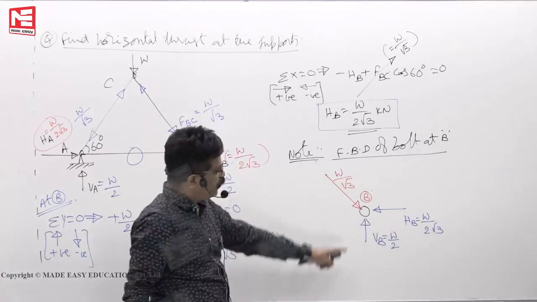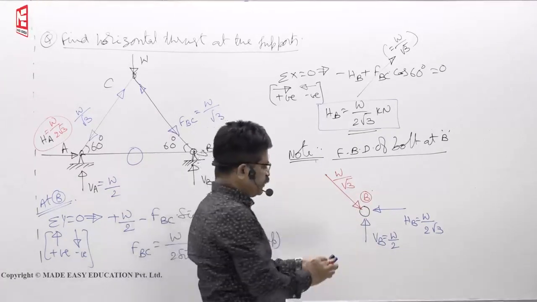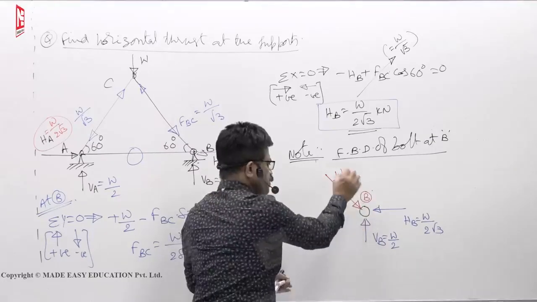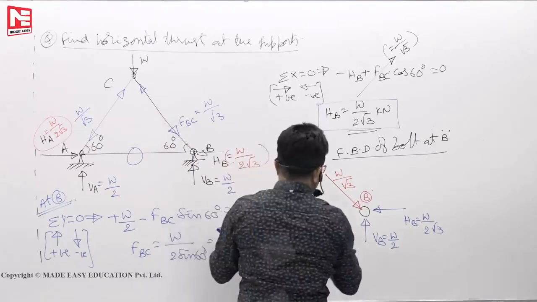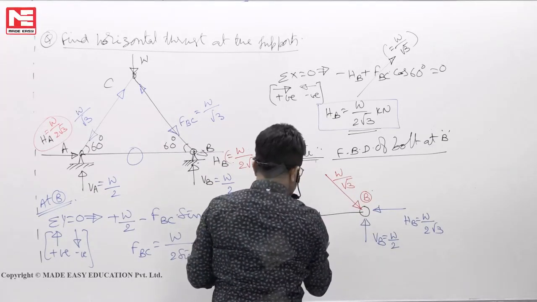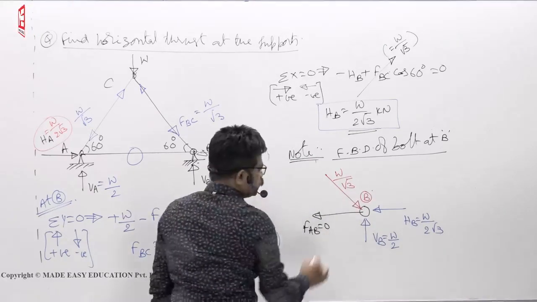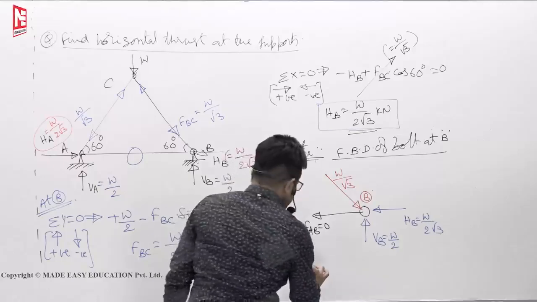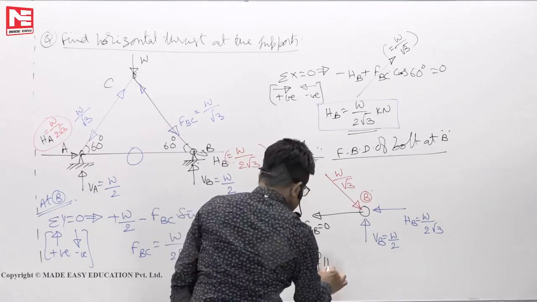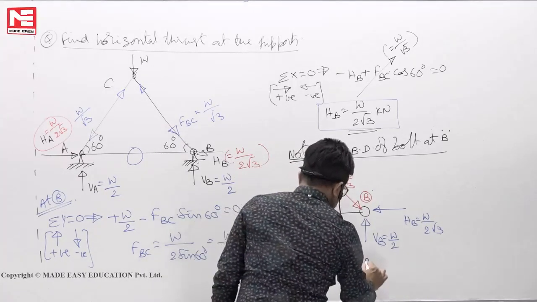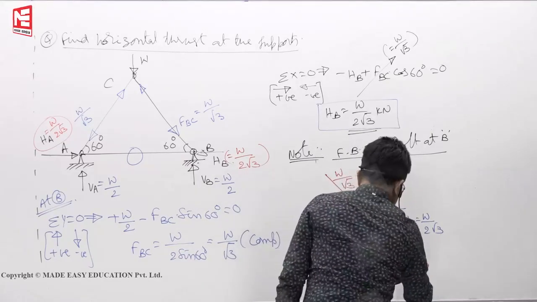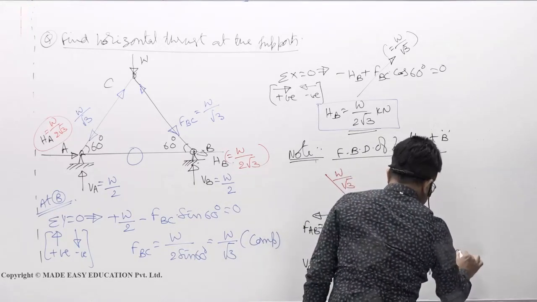Okay. So on the bolt B, three forces are acting. Under the action of these three forces, the pin is in equilibrium. Then what is this force? This is 0 only. So VB and HB are exerted by the triangular plate.